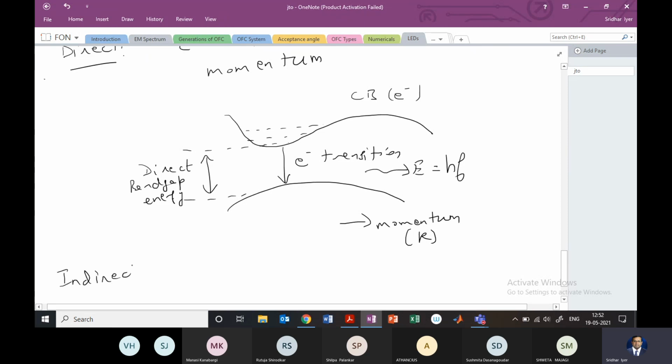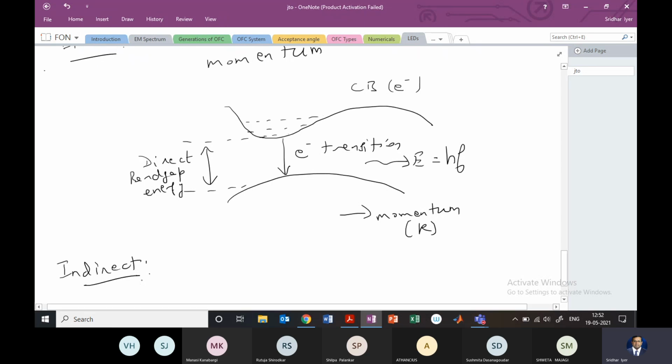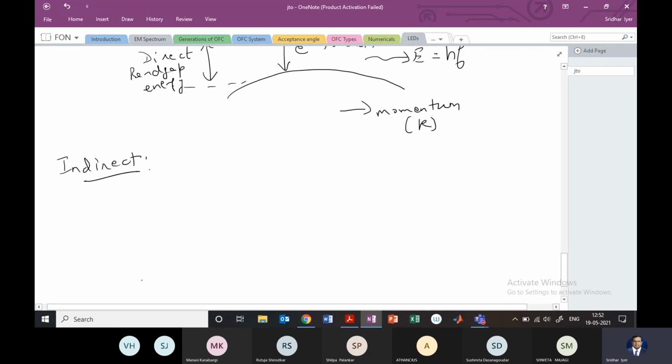Next, we have what is known as the indirect band gap energy, indirect band gap. So in this, the conduction band and the valence band, right? These occur at different values of momentum. The momentum is not the same, right? So here conduction band and valence band have different momentum.